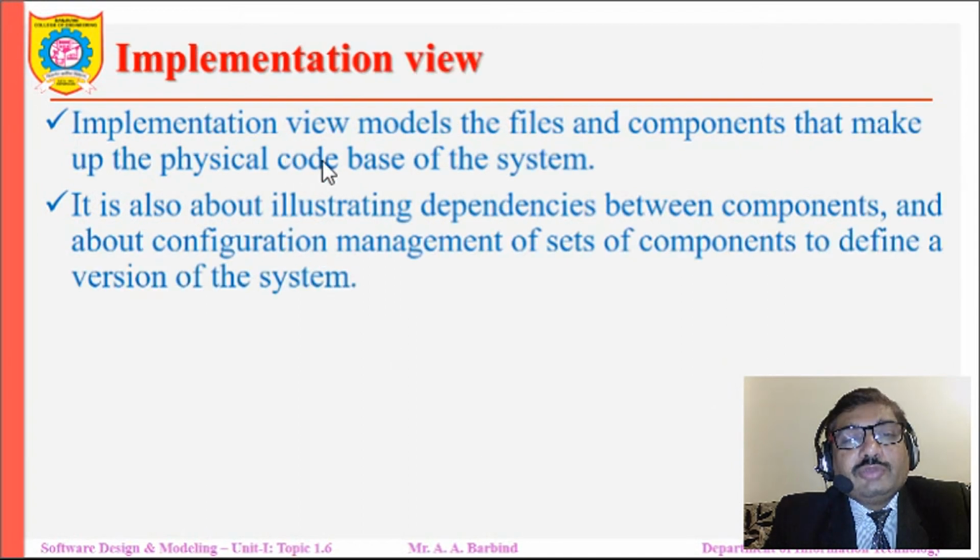The implementation view models the files and components that make up the physical code base of the system. It is also about illustrating dependencies between components and about configuration management of sets of components to define a version of the system.